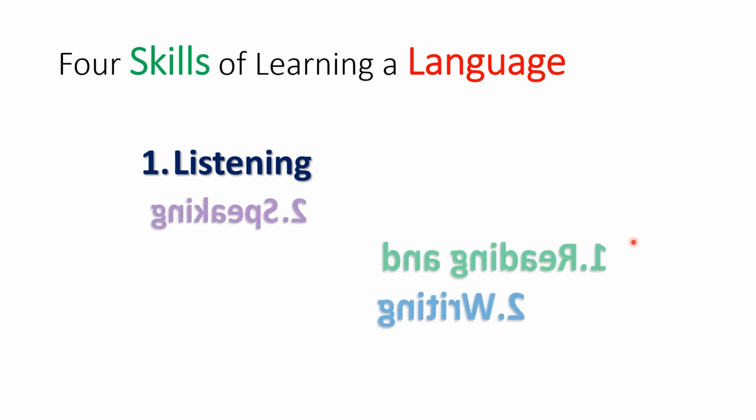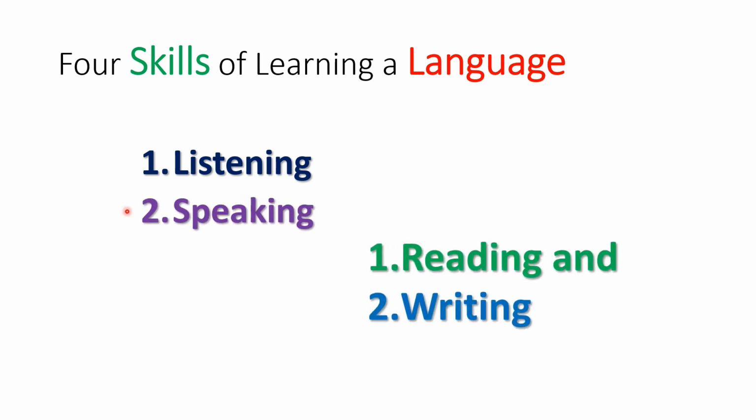These skills are listening, speaking, reading and writing. These are the 4 skills, and the first two skills are for a whole person, and the second 2 skills are for a literate person. These are for an illiterate person, these are for a literate person.